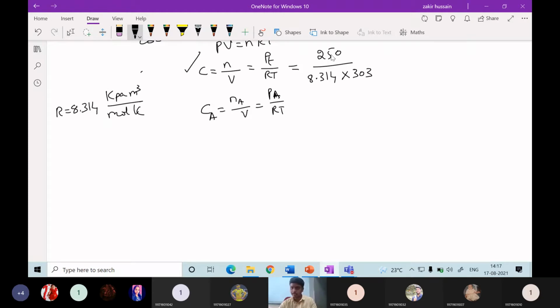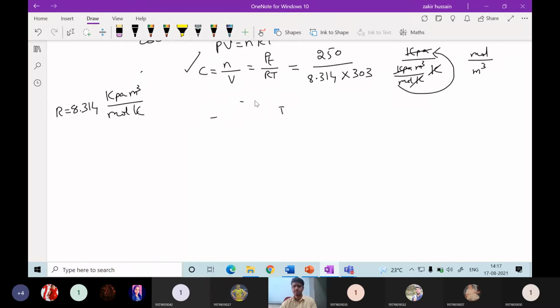So these units, let us verify. This 250 is in kilopascal. Then our units are kilopascal meter cube per mole degree Kelvin, and this 303 is in Kelvin. So Kelvin will be cancelled, kilopascal and kilopascal will be cancelled, and mole will go to the numerator, that is mole per meter cube will be the concentration units. What is the answer for this one?